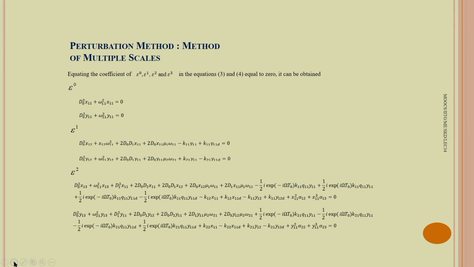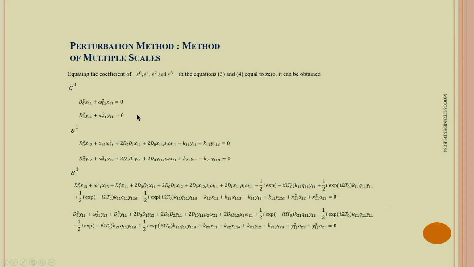While writing this equation you must take care that the right hand side forcing term will be of the order of epsilon, so that in the first case, epsilon to the power 0, the right hand side is 0. This happens when the forcing is weakly nonlinear. If the forcing is strong, then the right hand side will have a forcing term which is not equal to 0, and the solution of the equation of motion will be different.